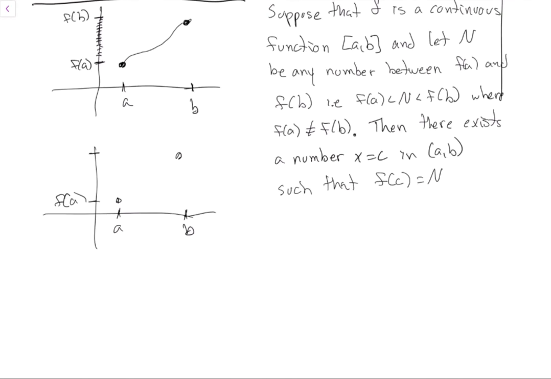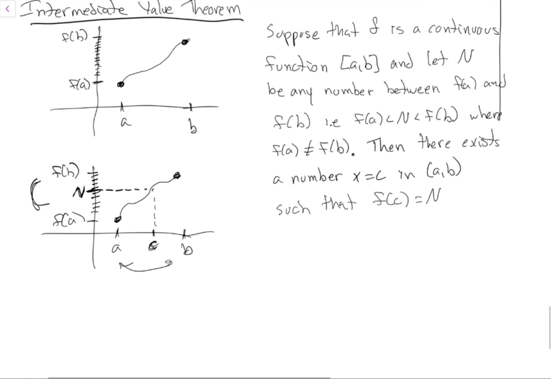And when we look at the endpoints on that closed interval, when I connect these two with a continuous function, there has to be some number c, and in fact all numbers between a and b will take on at least once some intermediate value between f(a) and f(b). So something along those lines.